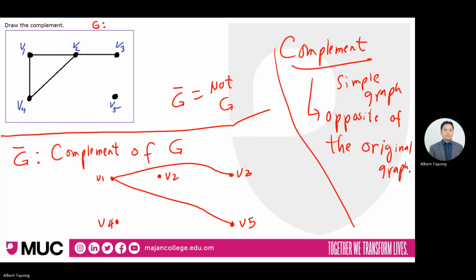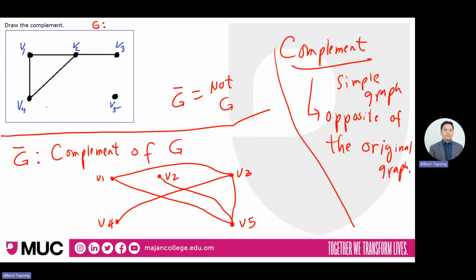Now, our V2 is actually adjacent to 3, 1, and 4. The opposite is only 5. So only 5. And our V3 is connected to 2 only. It should be connected to 1, 4, and 5. It is connected to 1 already, so we don't need to draw it again. So we have to draw V3 to V4 and V3 to V5.